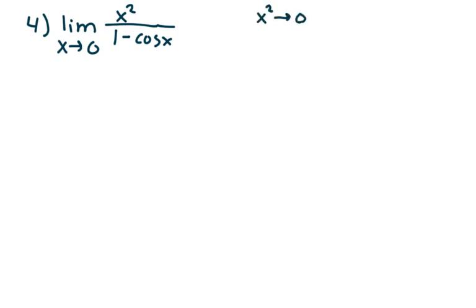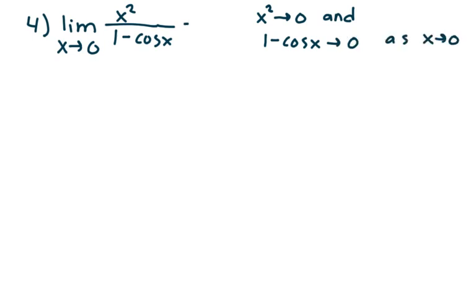This one's a little more classic. Suppose we have the limit as x goes to 0 of x squared divided by 1 minus cosine x. Now, x squared approaches 0, and 1 minus cosine x approaches 0 as x approaches 0.